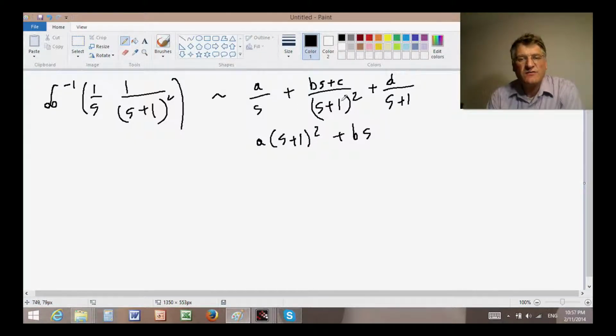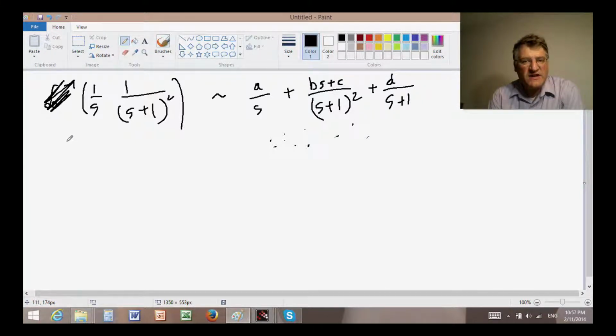Okay, and the reason is because otherwise I don't have enough parameters to play with in order to equate this to the 1 over s times 1 over s plus 1 squared. Okay, so my apologies for this. And so we do this thing first where we identify this guy with this guy. So this is not really the inverse Laplace transform, but just the transformation of this guy via a partial fraction expansion.